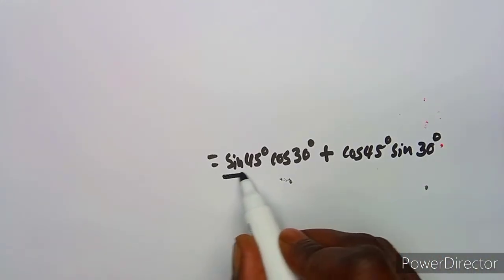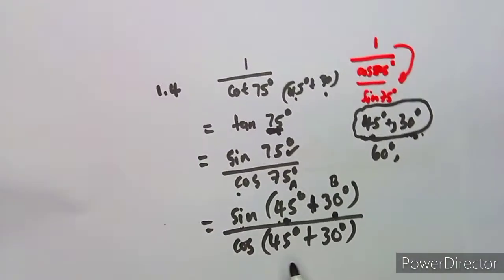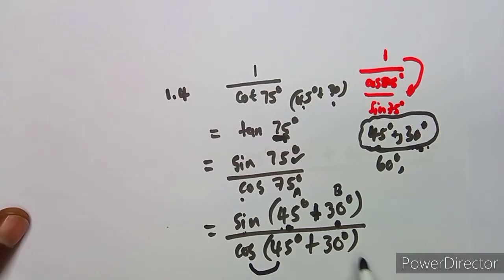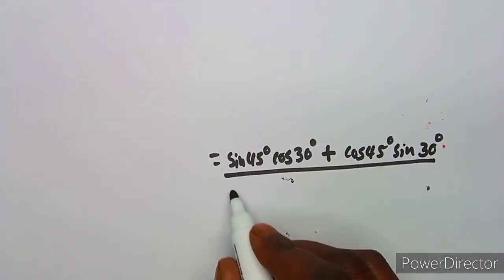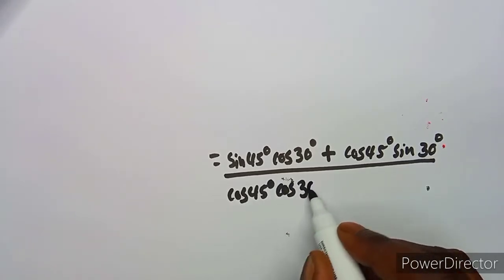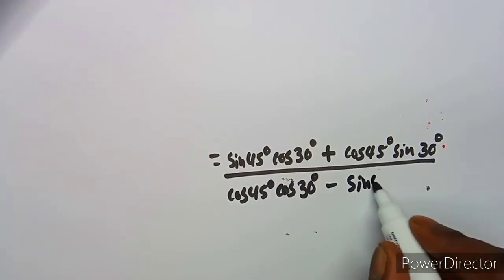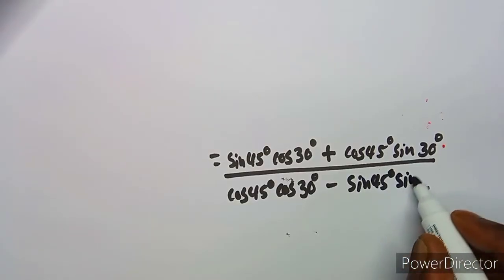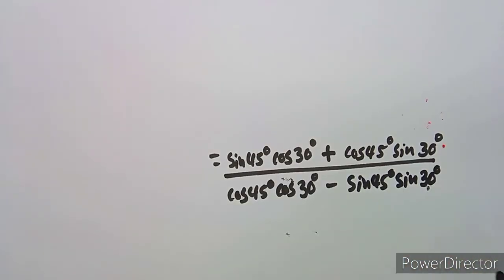All right, everything over. We know, guys, cos is going to give us cos cos minus sine sine. So it's going to be cos 45 degrees cos 30 degrees minus sine 45 degrees sine 30 degrees, just like that.